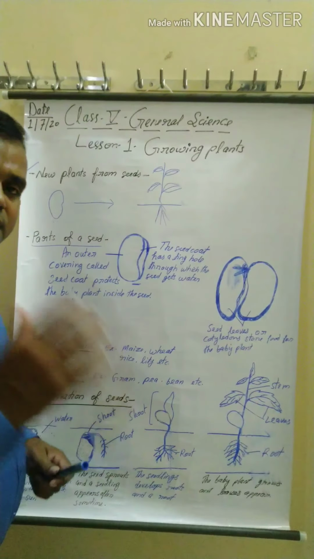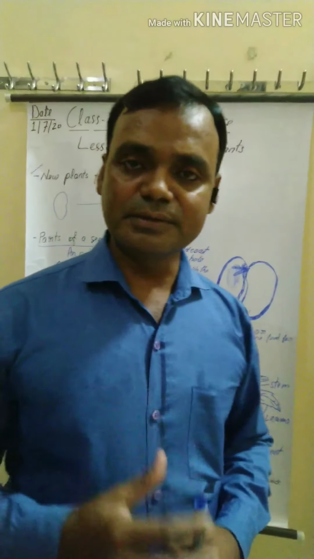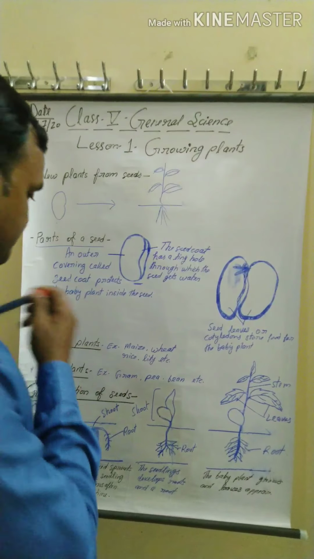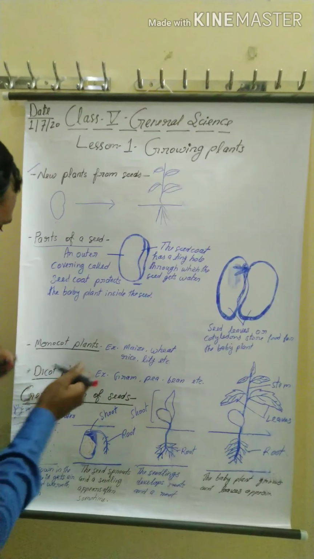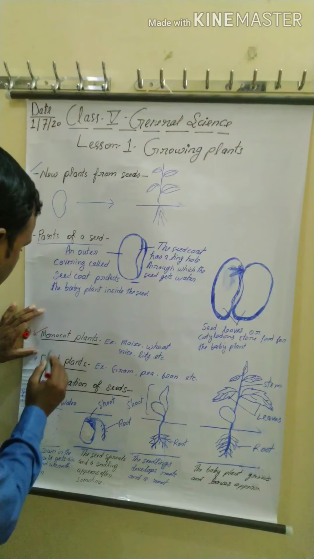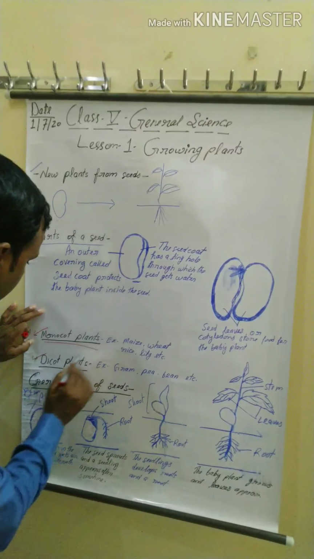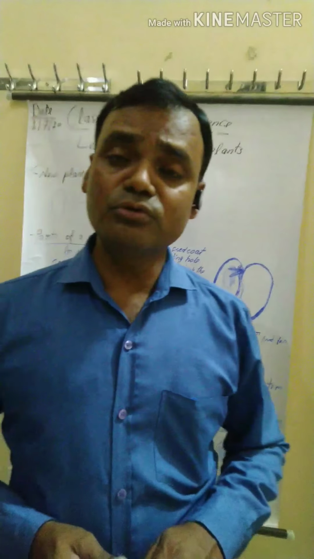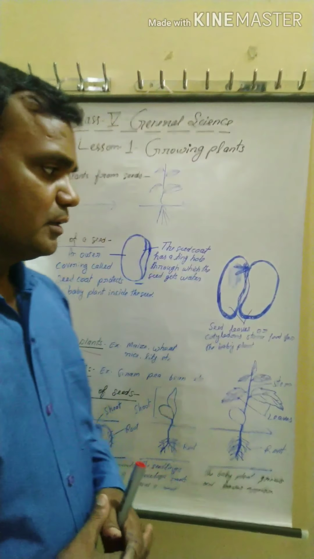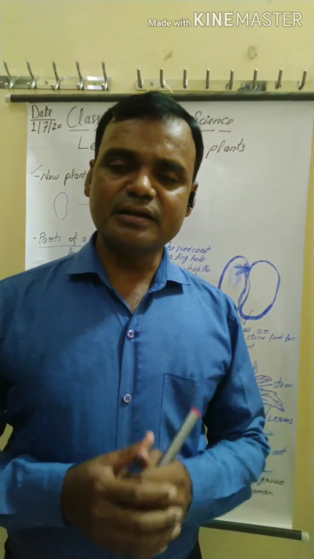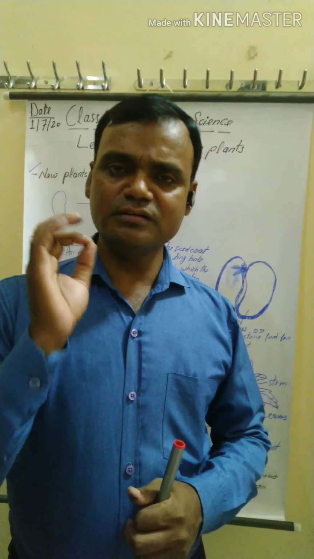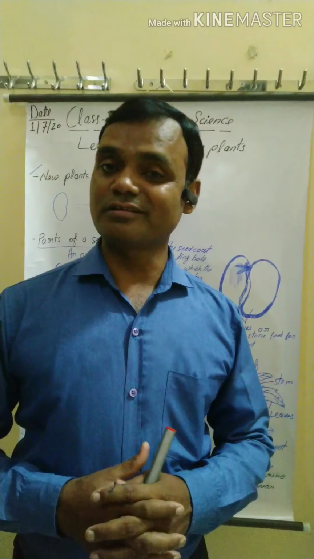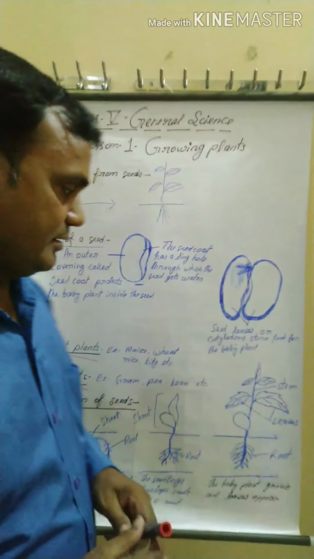Okay, now on the basis of cotyledons, plants are of two types: monocot and dicot. What do you mean by monocot plants? Some plants have only one cotyledon, and such plants are called monocot plants.